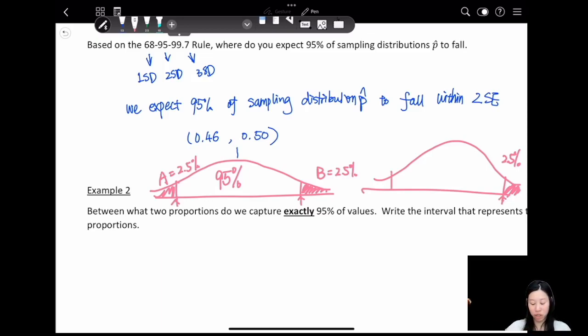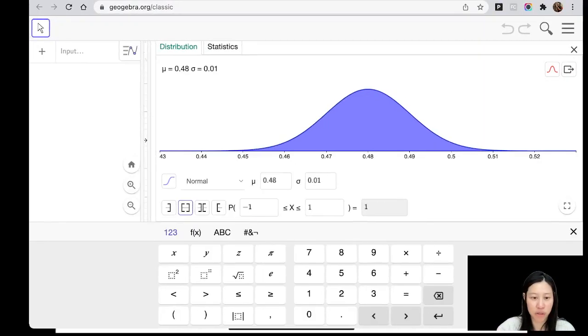We do the same thing for the left part and the right part. So now let's take a look at GeoGebra and see how we're going to do that. So let's say, when x is greater than a certain value, so that we get 2.5% of the area.